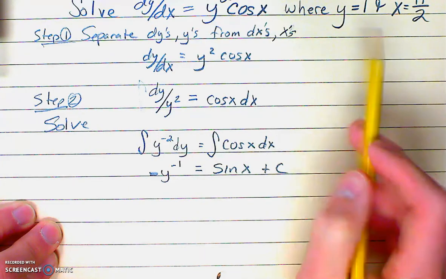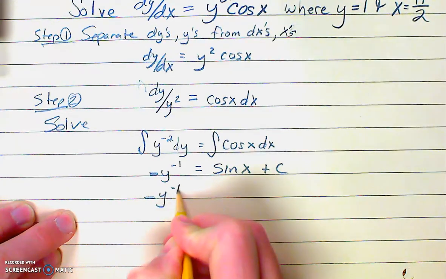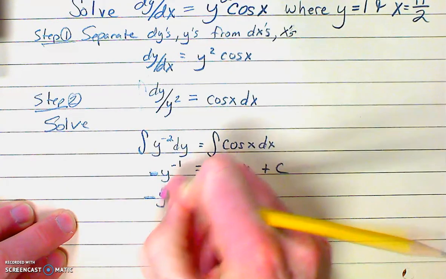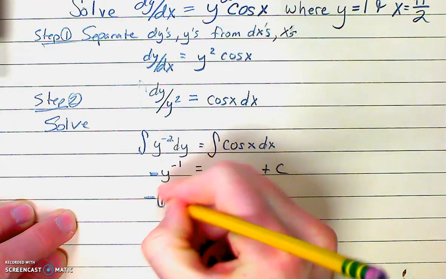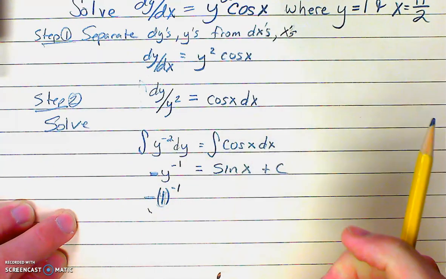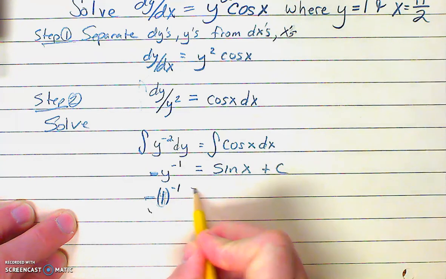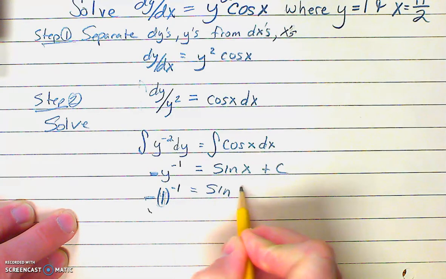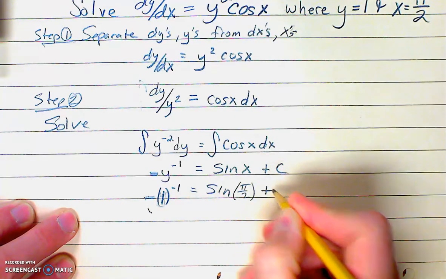So now that we know this, we can plug in for x and y. And again, I would do this right away. So we have negative times 1 to the negative first power equals the sine of pi over 2 plus c.